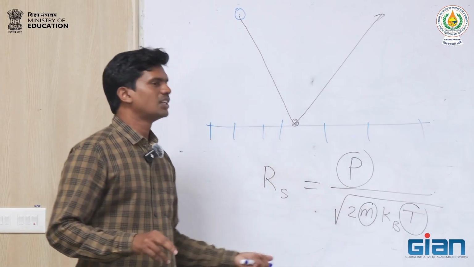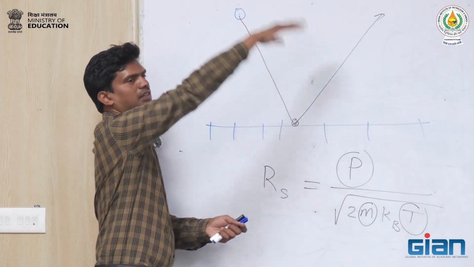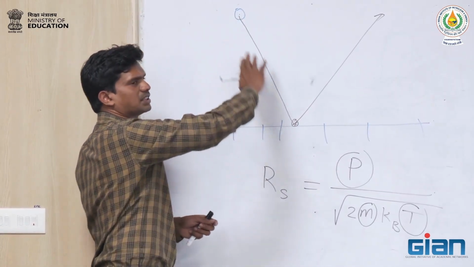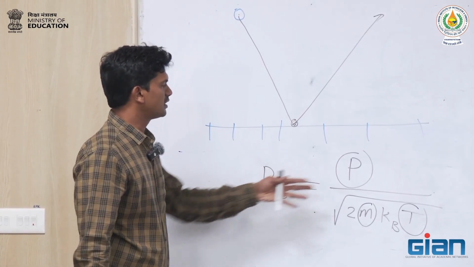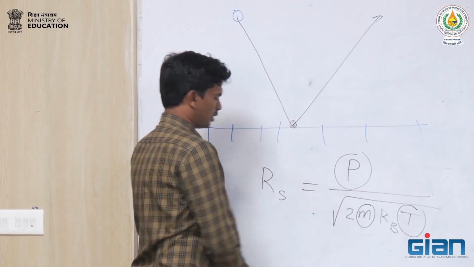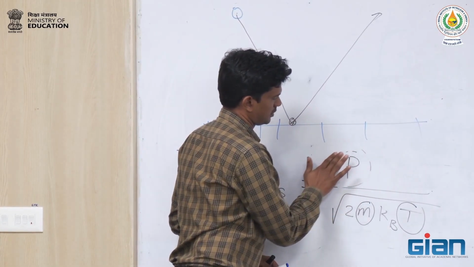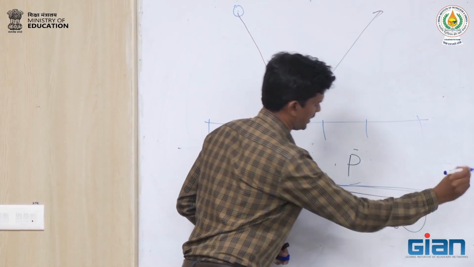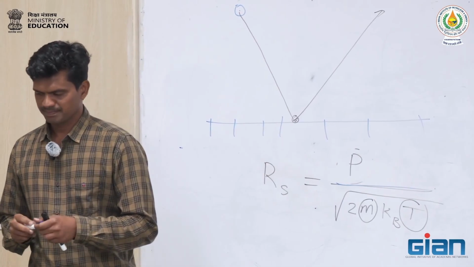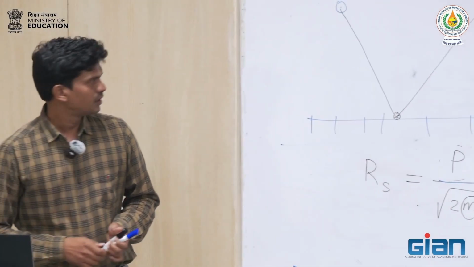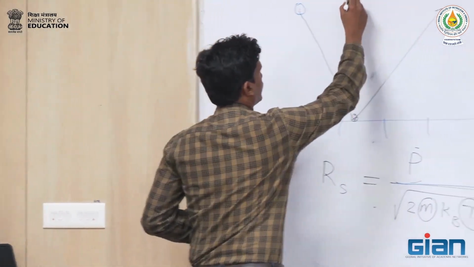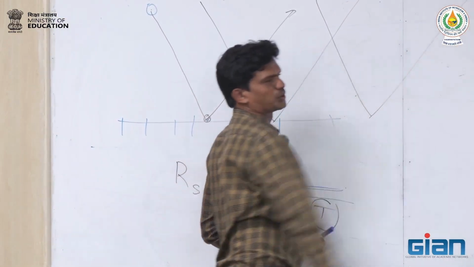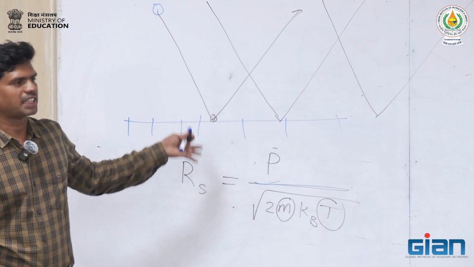It only says that when a gas molecule is flowing on a flat surface, the rate of striking is given by this one, right? That's the pressure over the square root of 2 pi m kBT. So this is what we call collision theory. It collides and goes. So that is the rate of striking, all right?